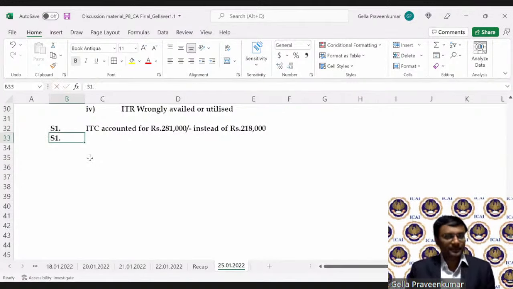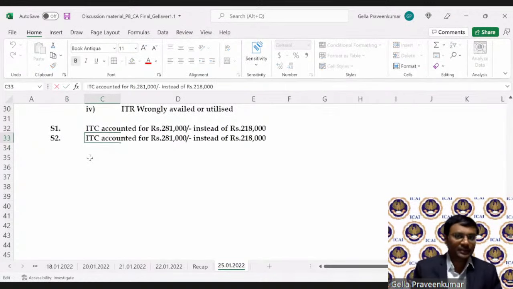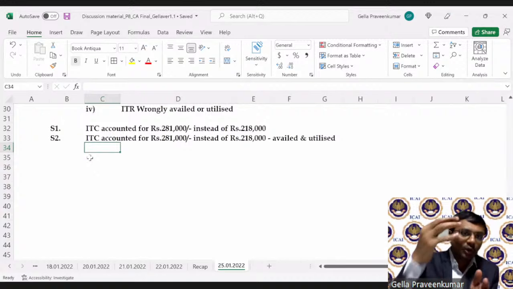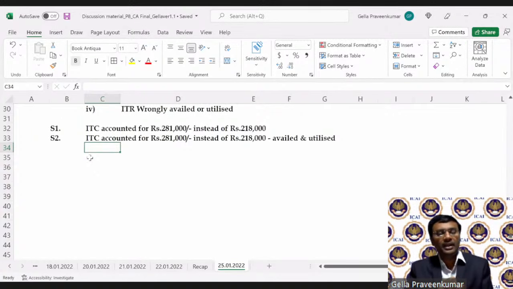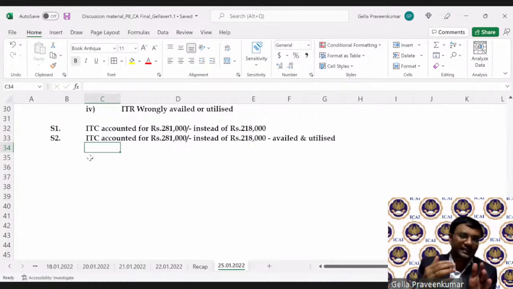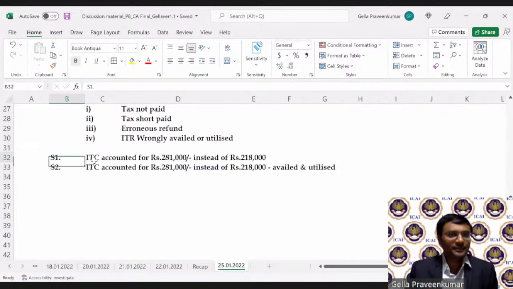Scenario 2: ITC accounted for 2,81,000 instead of 2,18,000, availed and utilized. Now, what we will do? We will understand the transaction. We will see how the penalty will be quantified. It is very important for us, when a show cause notice is issued by the officer, how the penalty is being quantified.